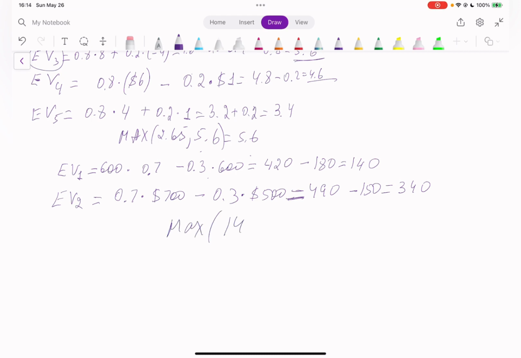Max of 140 and 340 is going to be 340, which is the expected value of branch A2.